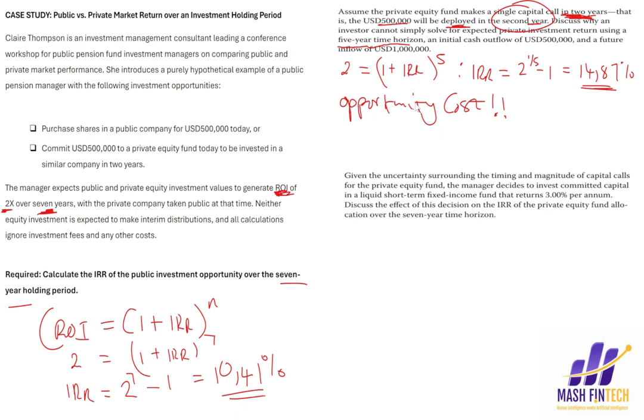So what you can do is to assume that it generates a return of 10.41, right? So we are going to assume a return of 10.41 and see by how much this money is going to grow over the period of 5 years.